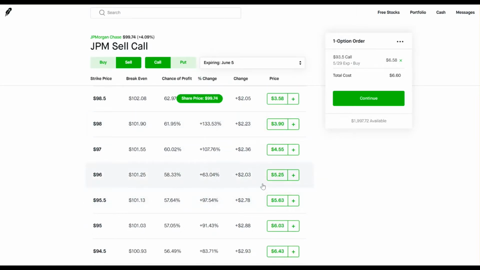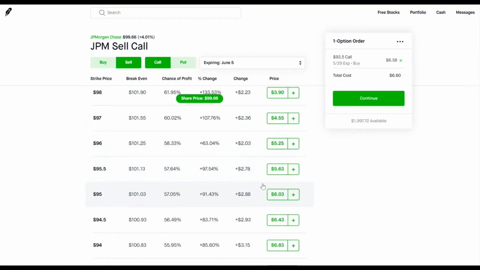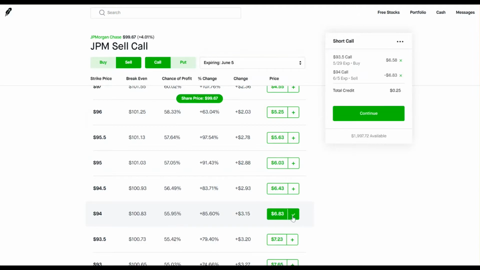Look for a price where you won't be under or you'll be slightly over. Okay. So if I sell the $94 one, I'll get a total credit of 25 cents. That means in total I get 25 times 100, $25, right?